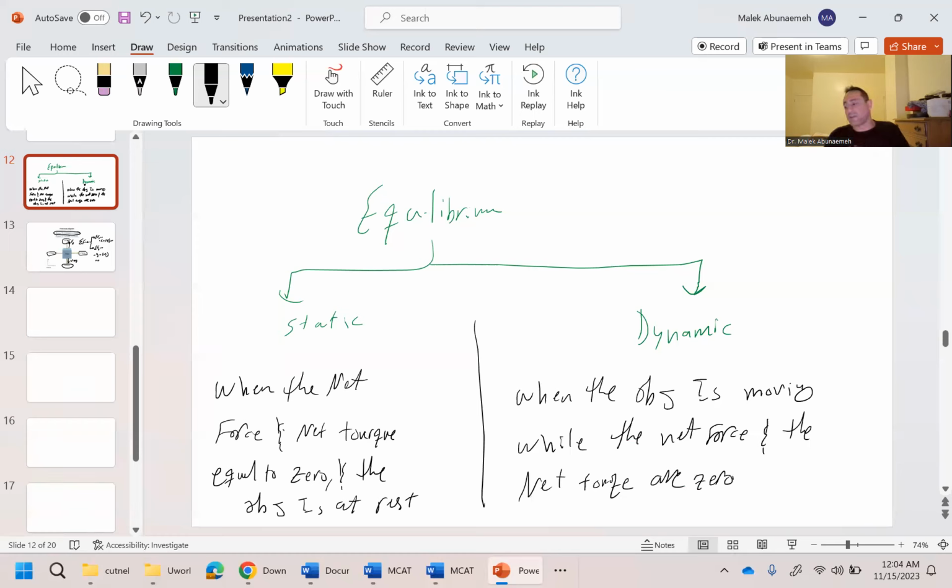This is when you say the object is in a state of dynamic equilibrium.